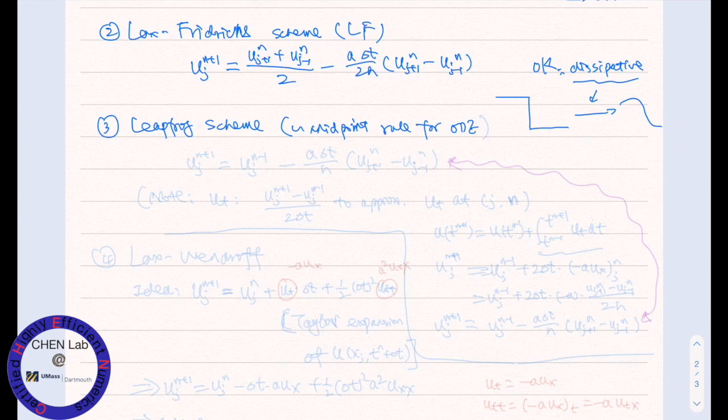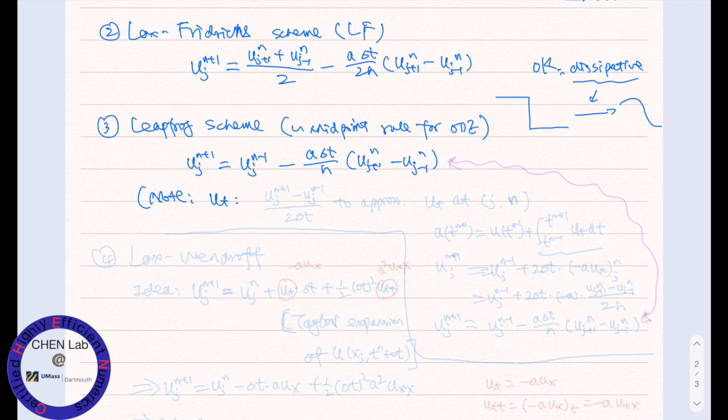If you do the midpoint, you get u_j^{n+1} equal to u_j^{n-1} minus a delta t over h times (u_{j+1}^n minus u_{j-1}^n). There's a note here: what do I mean by the midpoint rule for the ODE? This is u_t.